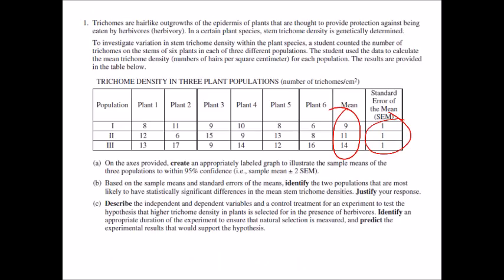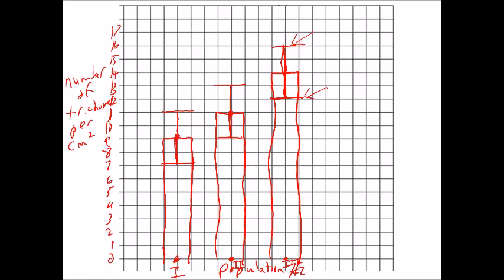The next part of the question says, based on the sample means and the standard errors, identify the 2 populations that are most likely to have statistically significant differences in mean stem trichome density. Notice that for population 2 and 3, the error bars overlap. That means those 2 are probably not statistically different from each other.